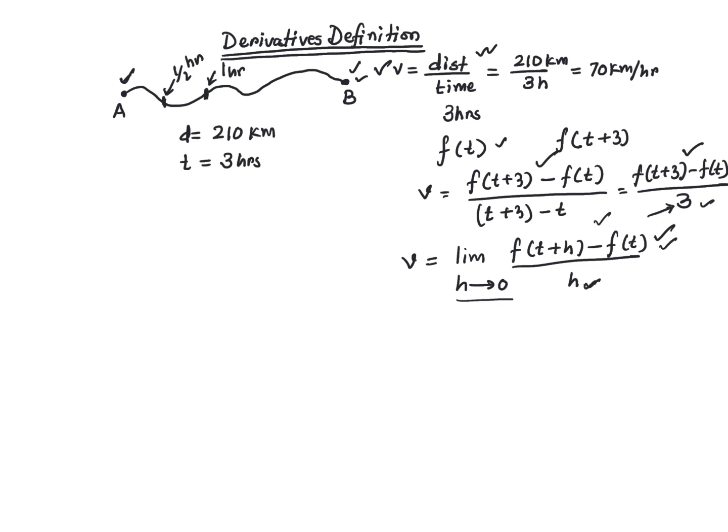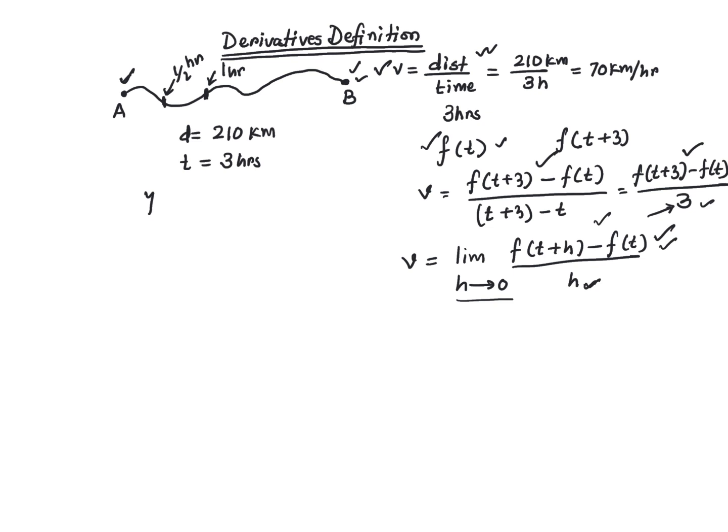That ratio gives you the instantaneous velocity for an object that's traveling along a path given by f of t. And this idea is not unique to this object. I have used a moving object as an example, and this could be generalized to anything.